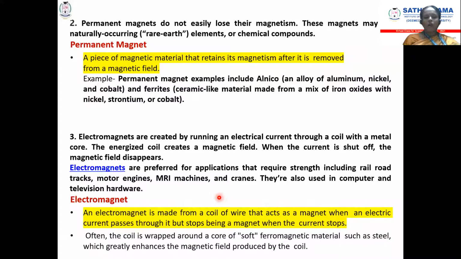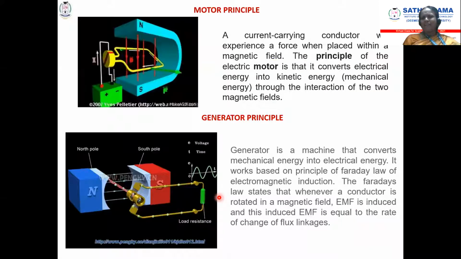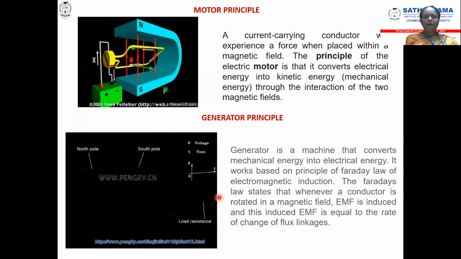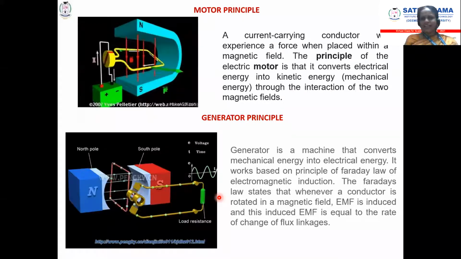Now we are going to start on what the magnetic field is and why it is necessary. You may wonder why we are learning the magnetic field here, because in the first unit you learned about direct current and in the second unit alternating current.